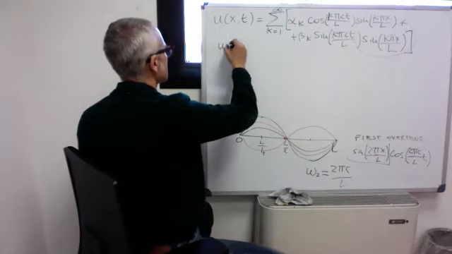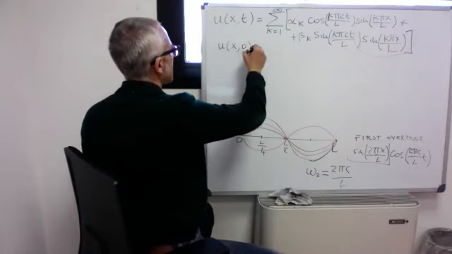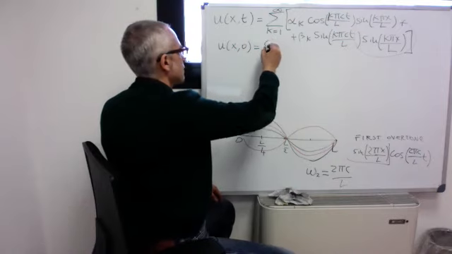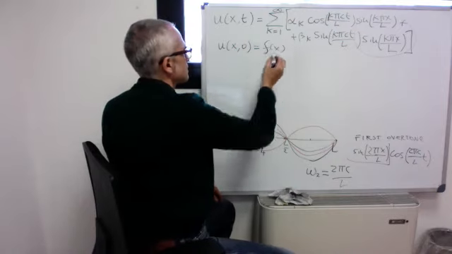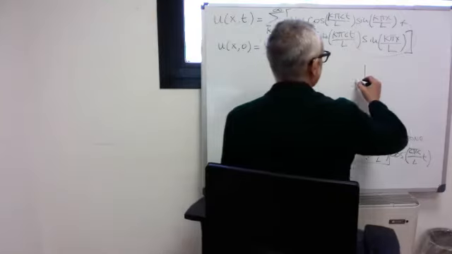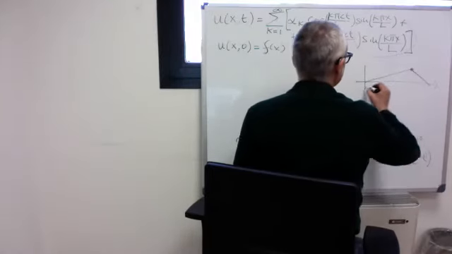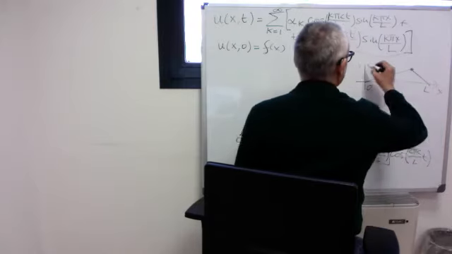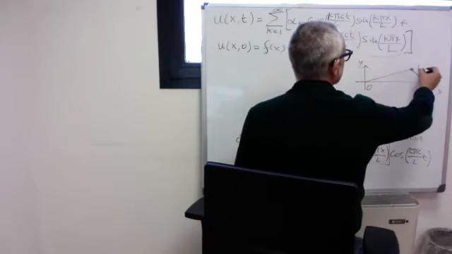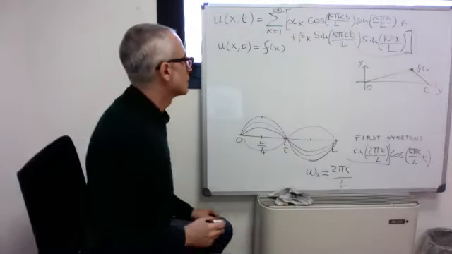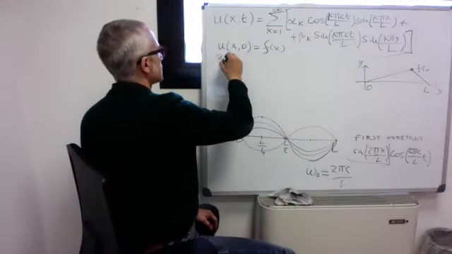The initial shape, the initial position of the string, is described by a function f of x. So if I just pull it like that at a given point, this could be f of x. And we prescribe also the initial velocity.